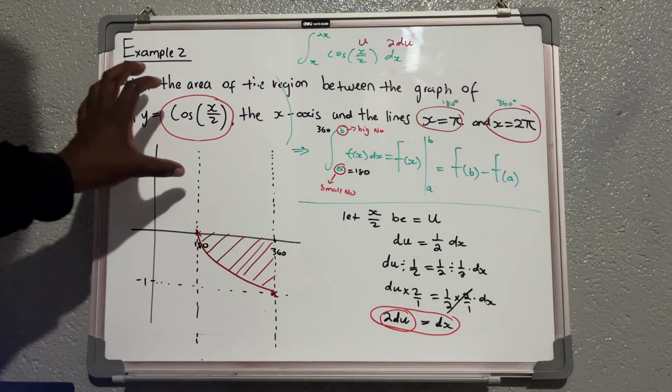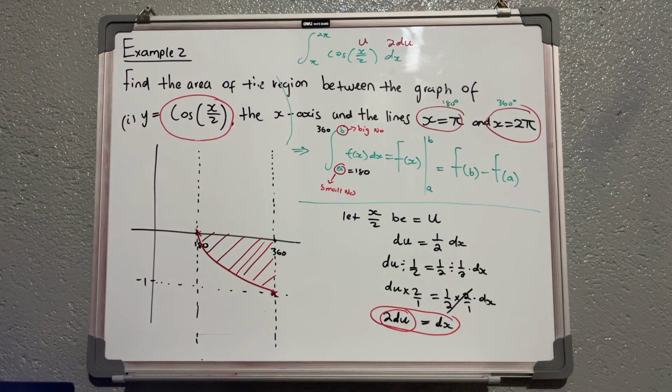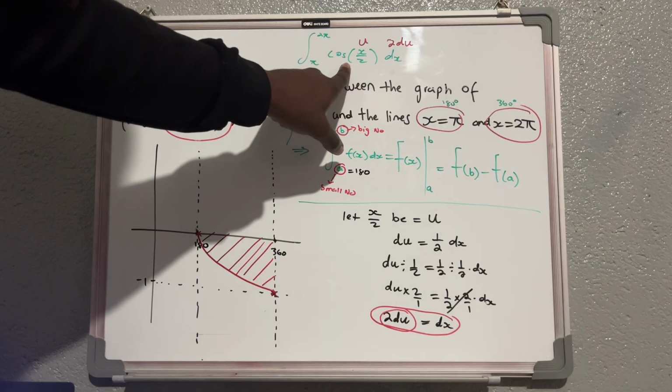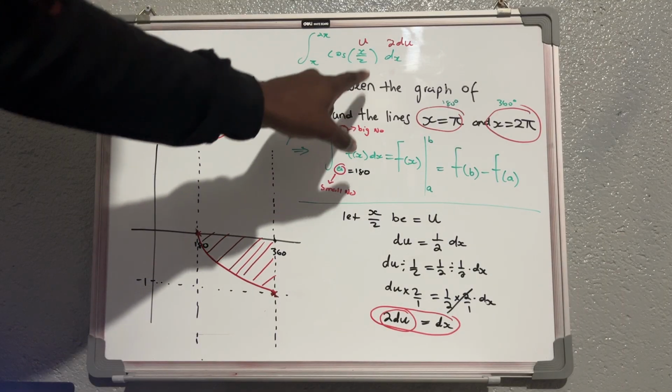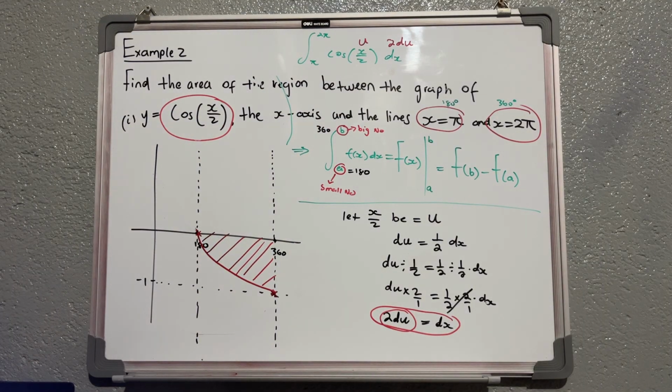In u substitution, you always look at the one part that, if you replace it with u, is actually going to make your calculation way easier. And we agree that if we replace the x over 2 by u, it's going to be much easier.